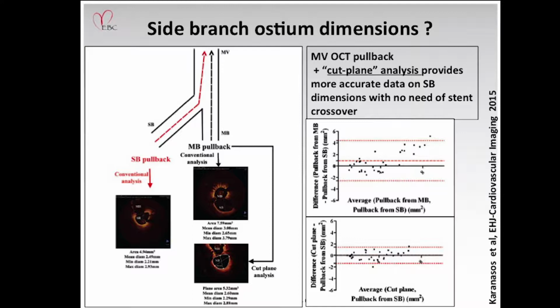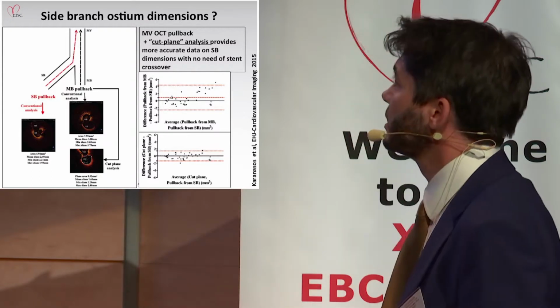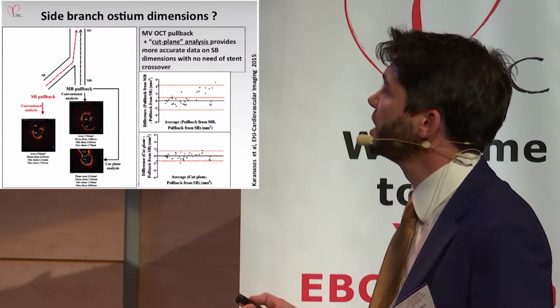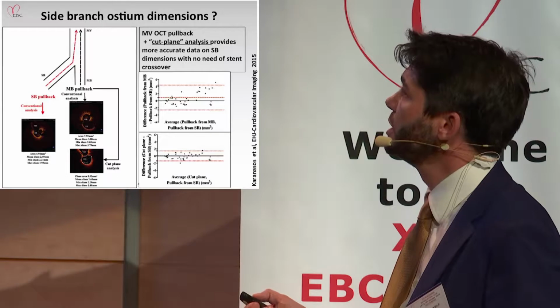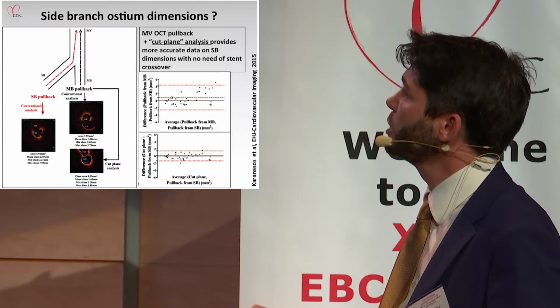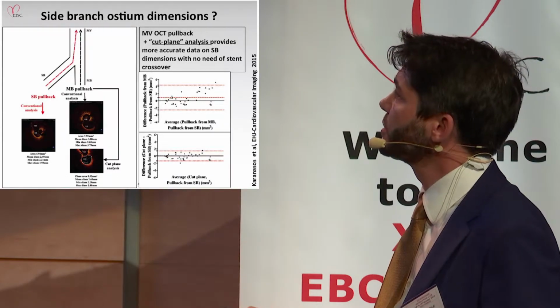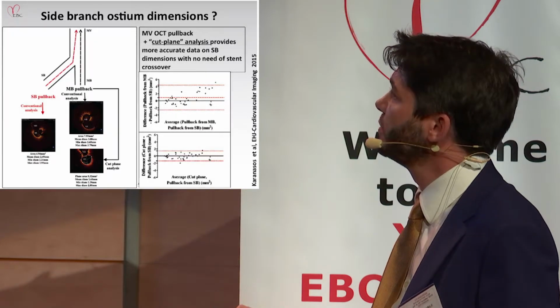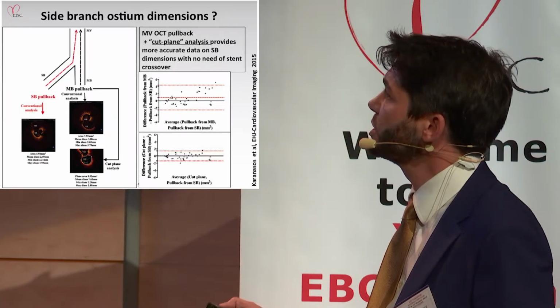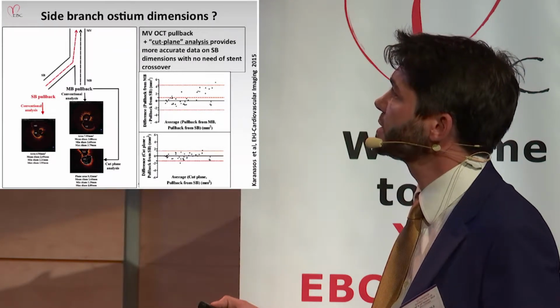Another option would be to analyze the side branch ostium dimension by a main branch to main vessel pullback, like here. But you see that this approach might sometimes be confusing, because when you analyze the ostium dimension by this method, you will overestimate the dimension, because the cross section is not perpendicular to the side branch analysis.